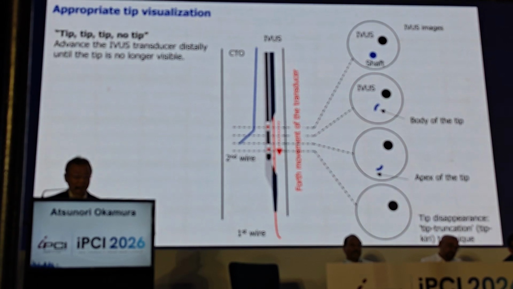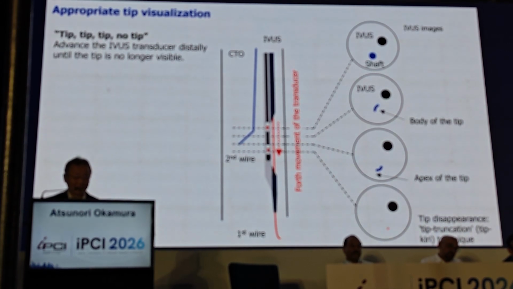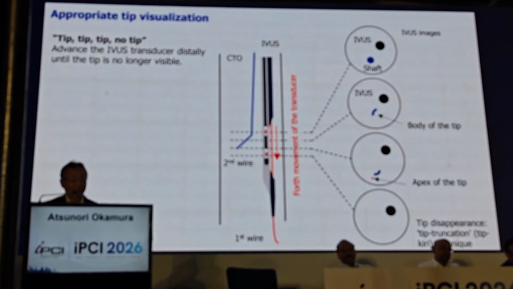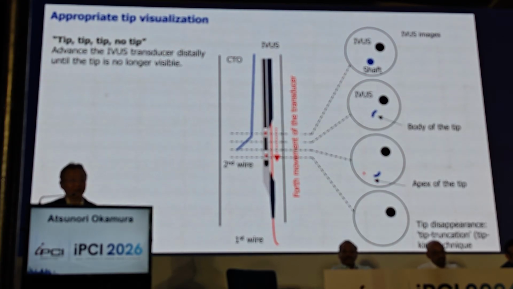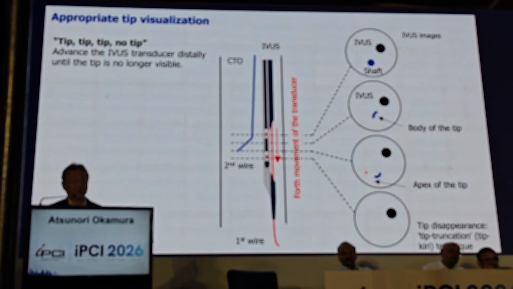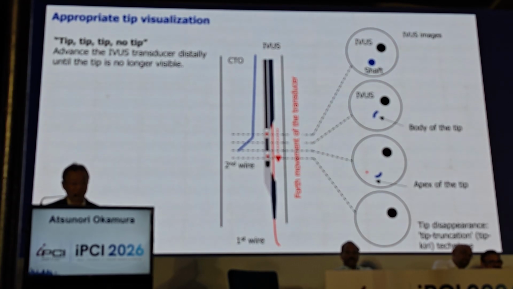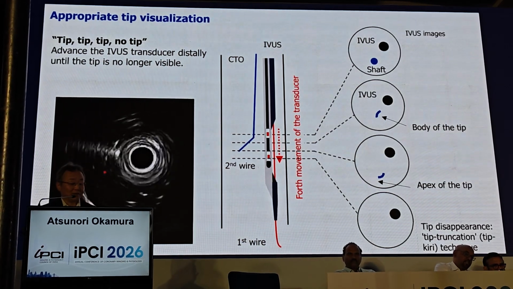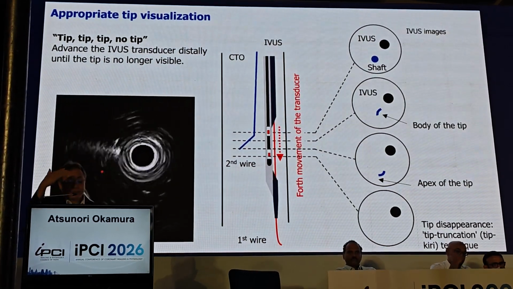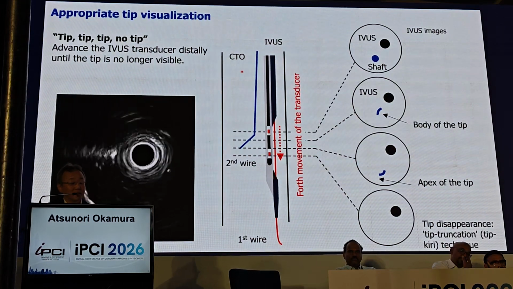So then after that, if you advance more, nothing. So this means that the apex of the tip is directed at 9 o'clock. That's very important. So the tip disappearance technique is very important to show us which direction the tip is directed, like this one.